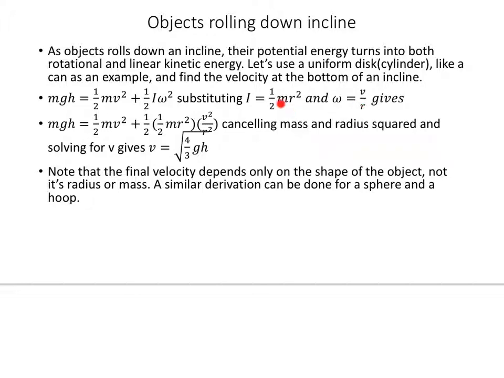And so if we substitute in here and in here, notice that the masses will all cancel, and also notice that the radius squareds will cancel. So after you do the cancellation and you solve for V, you end up with V is equal to the square root of 4gh, which would be the velocity at the bottom of the incline.